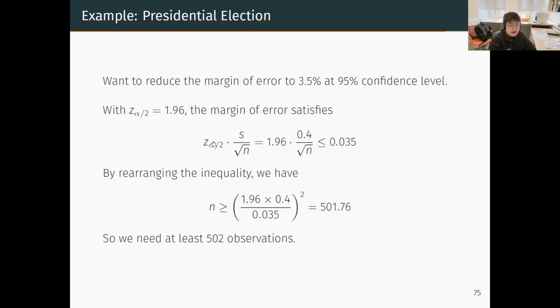But the alpha is fixed at 95%, so z alpha over 2 is fixed at 1.96. It does not change, but the inequality must be satisfied by increasing the sample size.